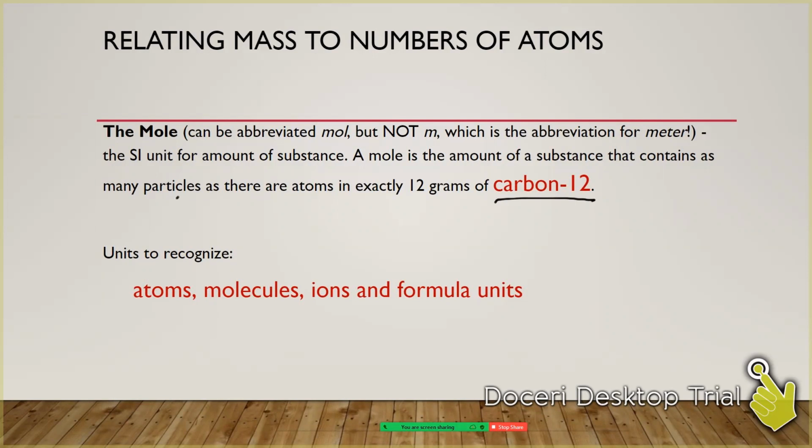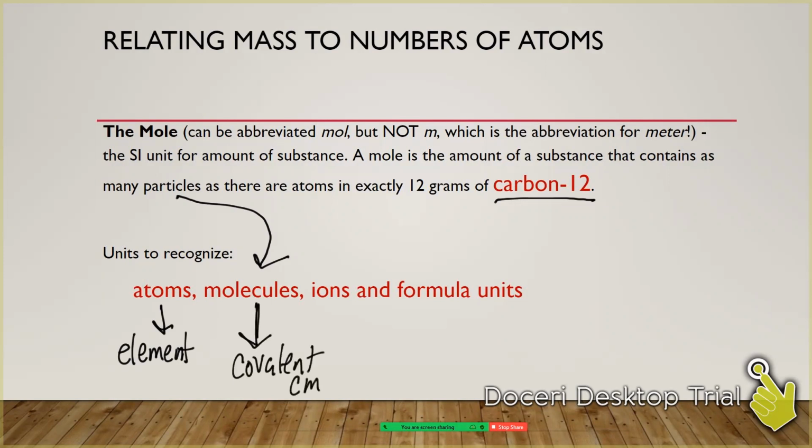And that's true for any kind of particle that we use in chemistry. Some of those particles are atoms, molecules, ions, and formula units. Atoms are if we're talking just about a single element. Molecules are if we're talking about covalent compounds.